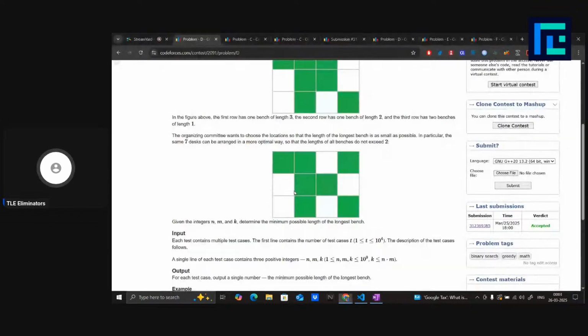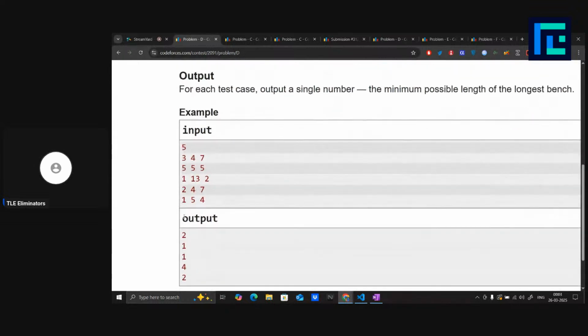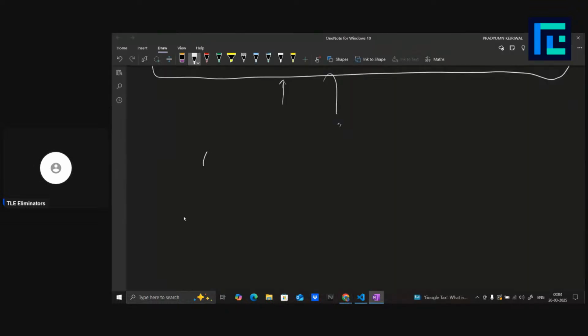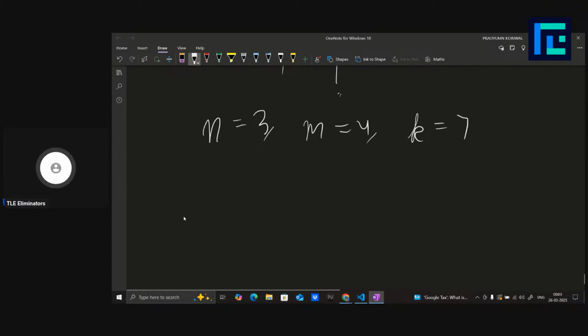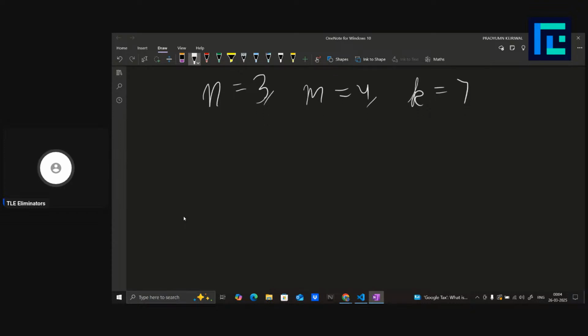So basically here we have 3 4 7, right? That is n equals 3, m equals 4, and k equals 7. And we want to figure out what is the minimum possible bench length that I need. So what we can do is we'll try different bench lengths.